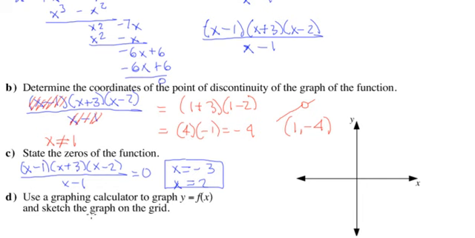Now use a graphing calculator to sketch f of x and sketch the graph on the grid. Without even getting the calculator out, we know that it's got to pass through 2, 0. It's got to pass through negative 3, 0. And it has a point of discontinuity at 1, negative 4.